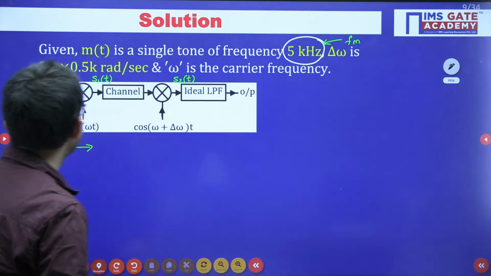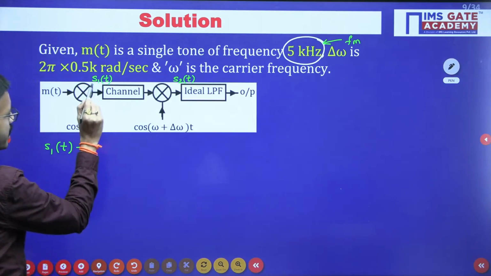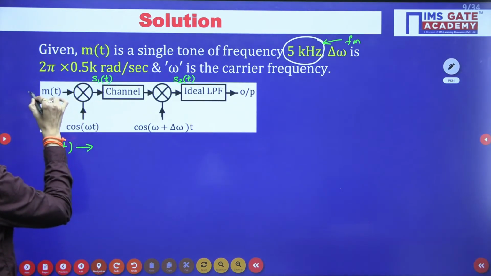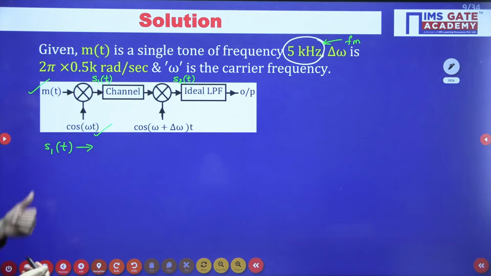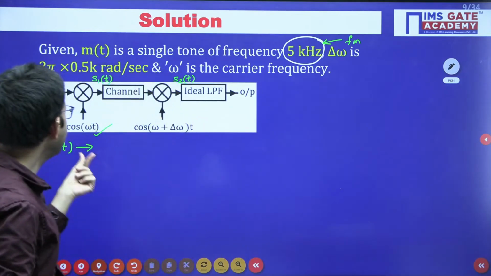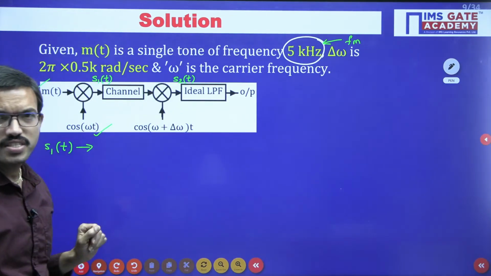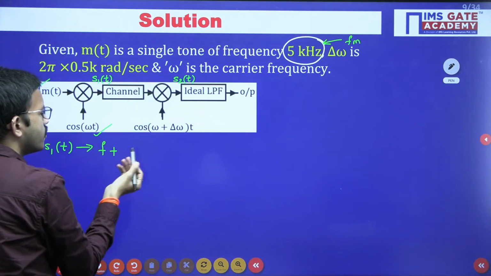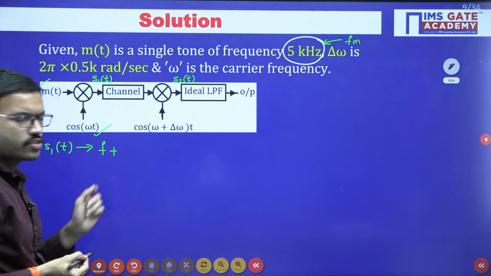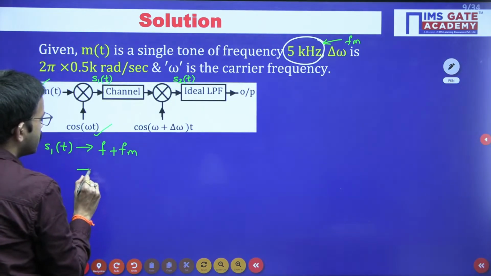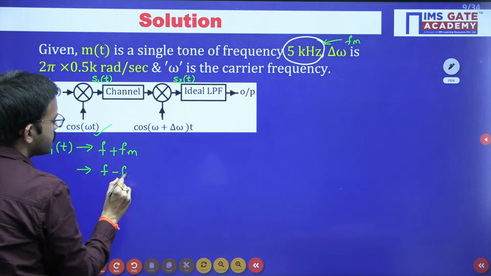That's all, right? So here regarding s1 of t, you have a multiplier. For that multiplier you have two signals. One is the modulating signal, with frequency fm, and similarly the carrier has the frequency f. So here you will get fc plus fm, but fc is nothing but f, so f plus fm, and another frequency you will get is f minus fm.